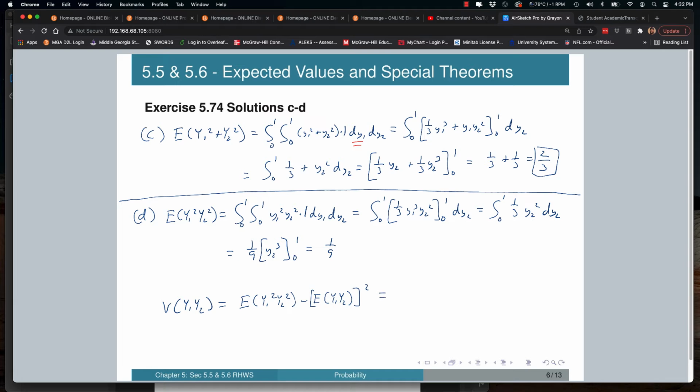That's just equal to 1/9 minus, and the expected value of y sub 1 times y sub 2 was 1/4. Square that, and the answer comes out to be 7/144. It's not a pretty variance, but nonetheless a variance. And that is it for 5.74.